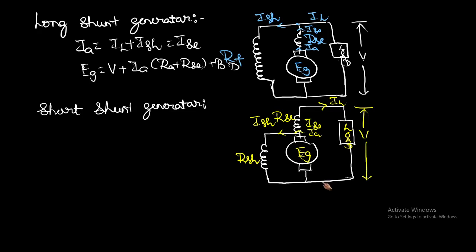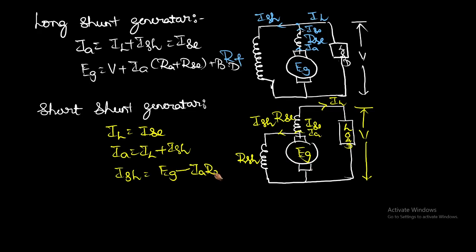If you observe the short shunt generator, we can write IL equals ISE, then IA equals IL plus ISH. To get the ISH value, we subtract from EG: ISH equals EG minus IARA minus brush drop, divided by RSH. What is EG minus IARA minus brush drop?